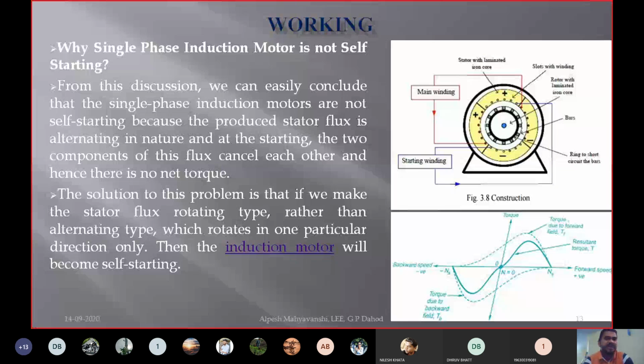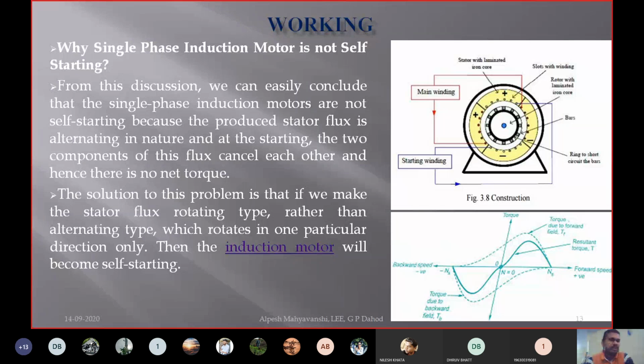Both are displaced by 90 degrees electrical with each other. There is a phase angle of 90 degrees between the main winding and the starting winding, and by splitting this, it becomes a two-phase winding. When supply is given to the two-phase winding, a rotating magnetic field is produced.